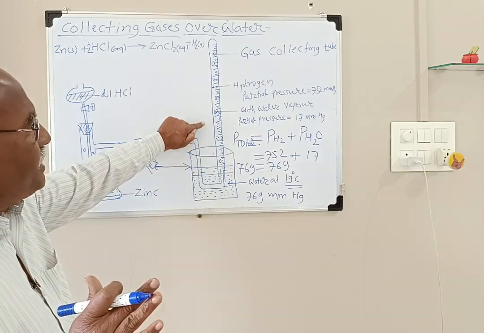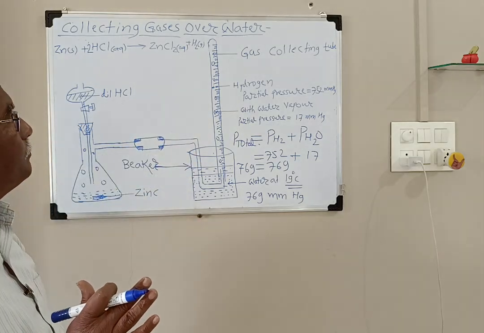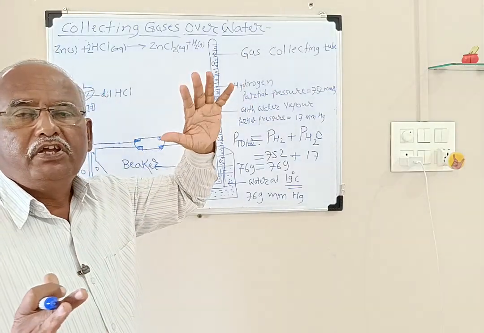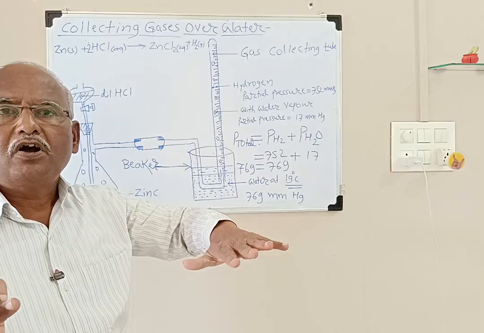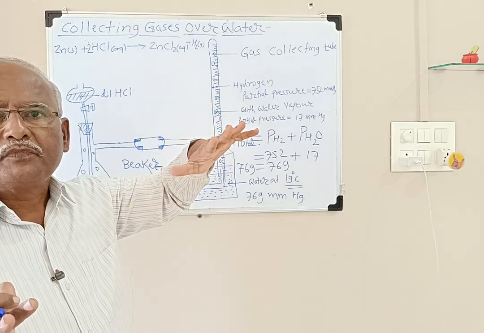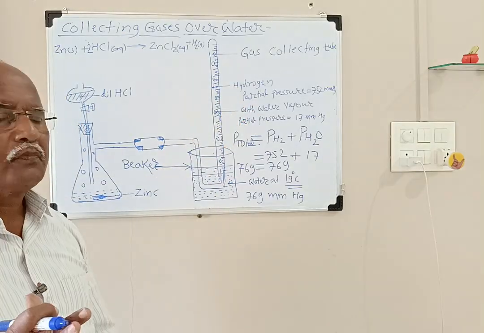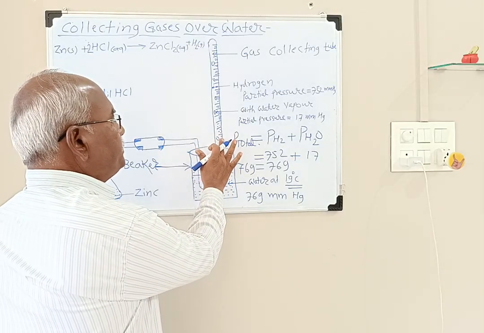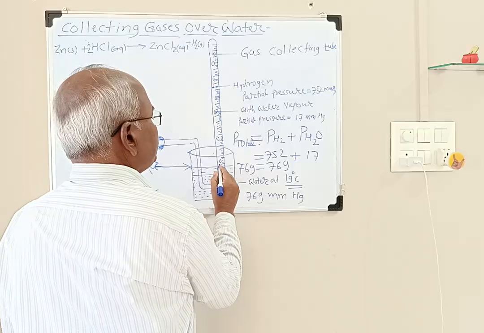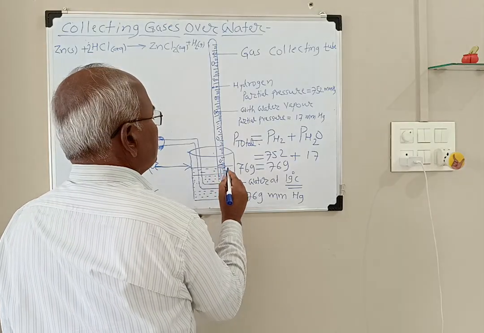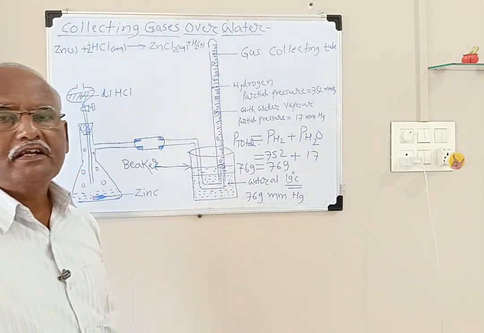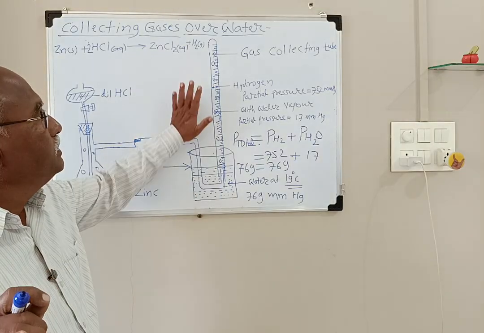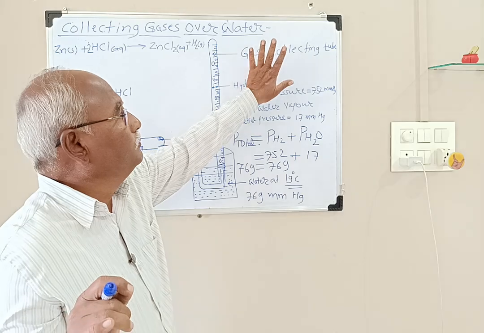The volume of hydrogen is measured like this. The gas collecting tube is lowered or raised in such a way that the level of water in the tube and in the beaker is the same.